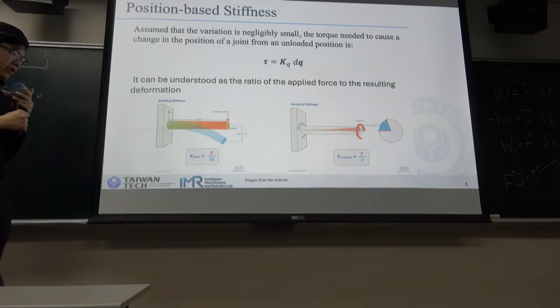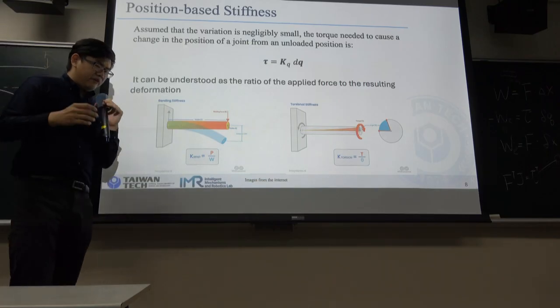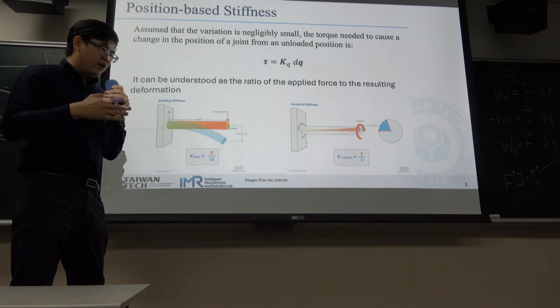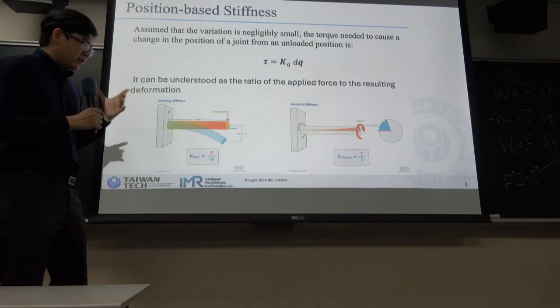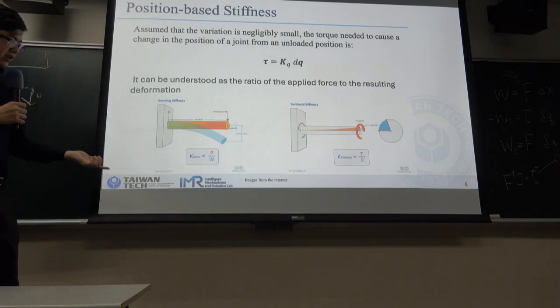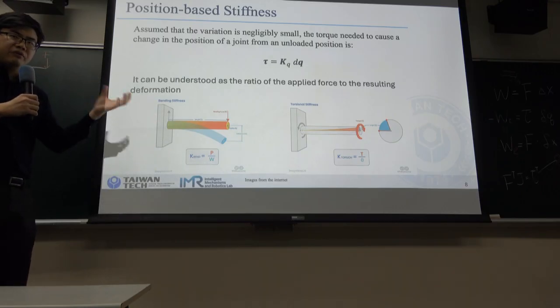And also, if we are doing impedance control or force control, and also now we have cobots, where the robot is working with the human. In that scenario, the stiffness of the robot should not be really high.